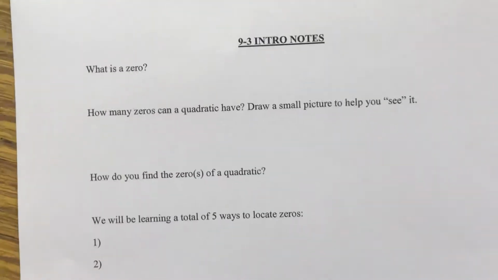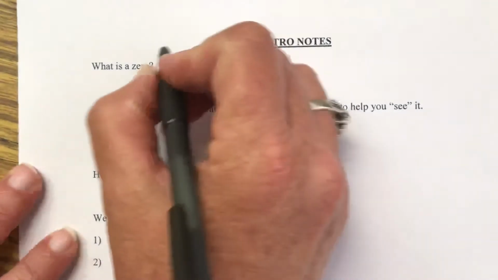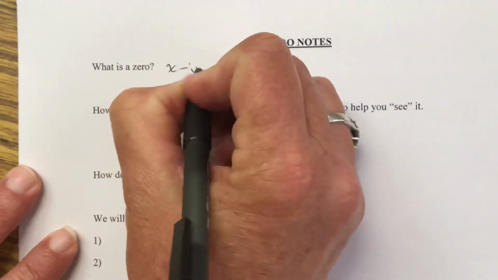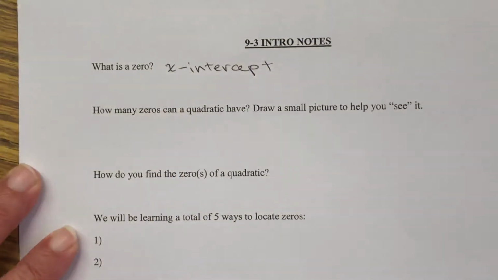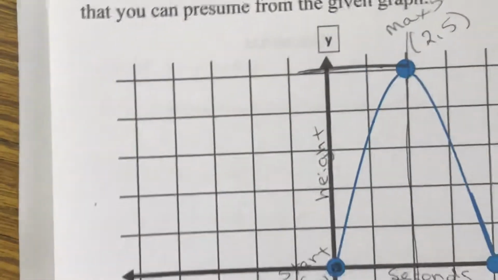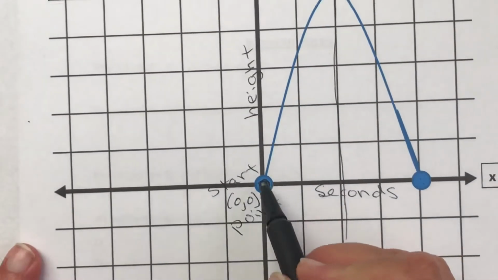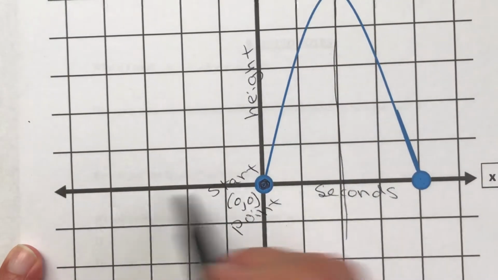The first question is, what is a zero? Well, a zero is also known as an x-intercept. If I go back to our pre-assessment, it was where our parabola crossed our x-axis.